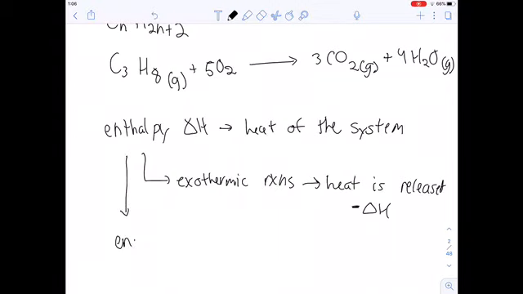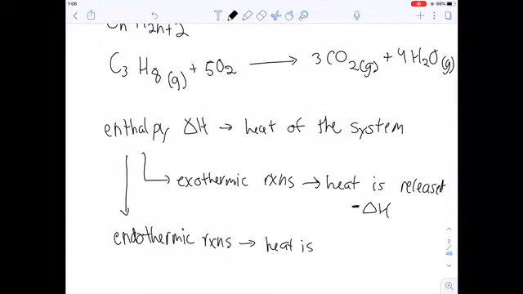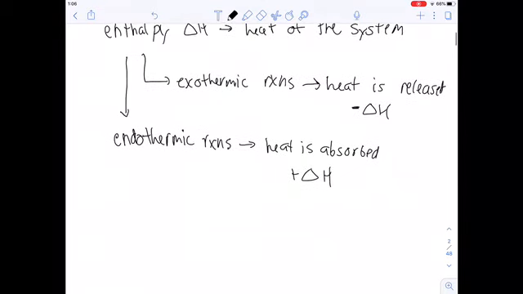Endothermic reactions, okay, I can't write today. Heat is absorbed, and you're going to have a positive delta H.